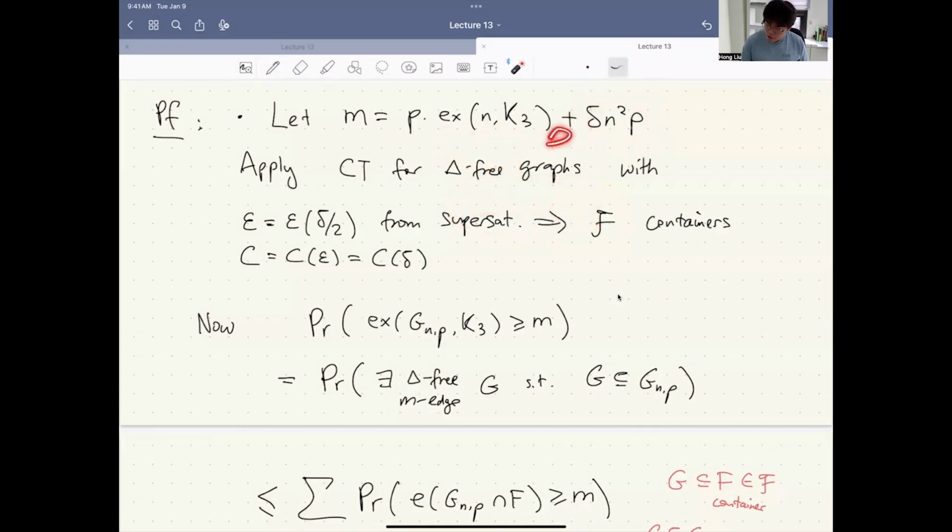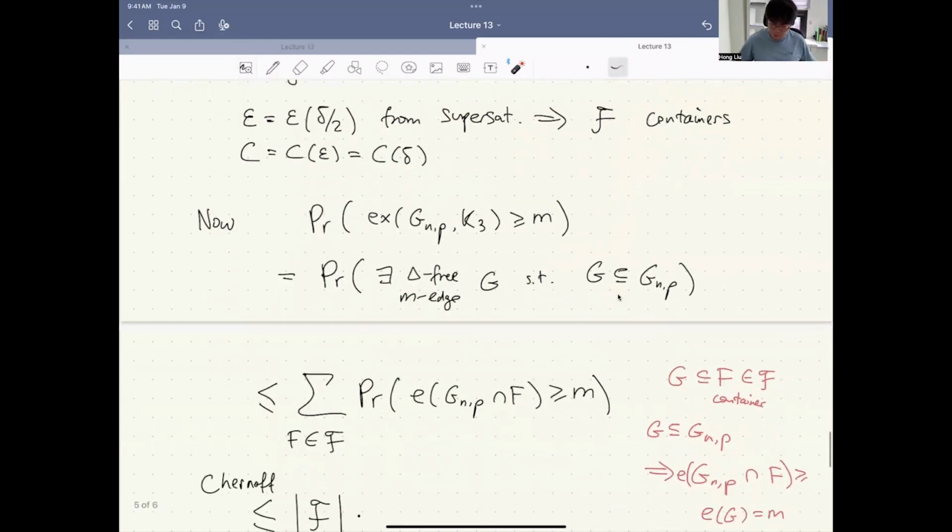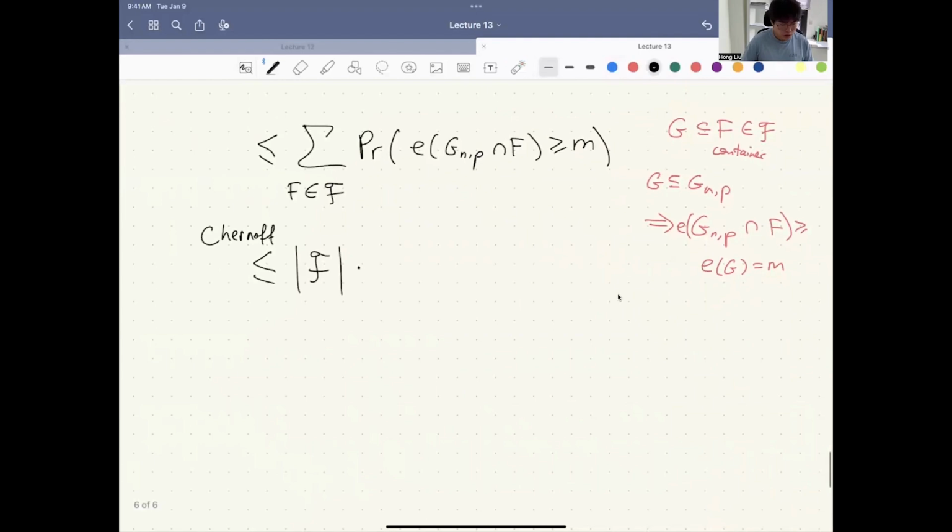By Chernoff, the probability is e to the negative some absolute constant c times delta times the deviation. So for a fixed F, the probability that the intersection is at least M is at most e to the negative absolute constant small c times delta n squared p.